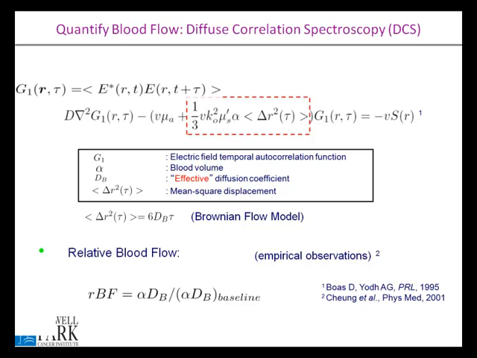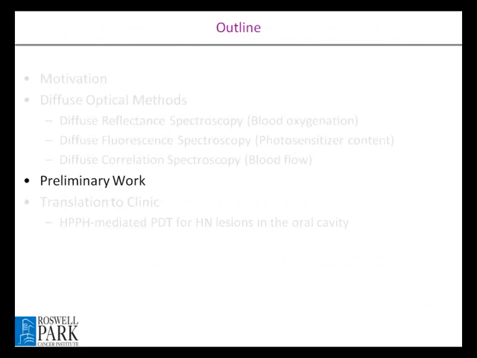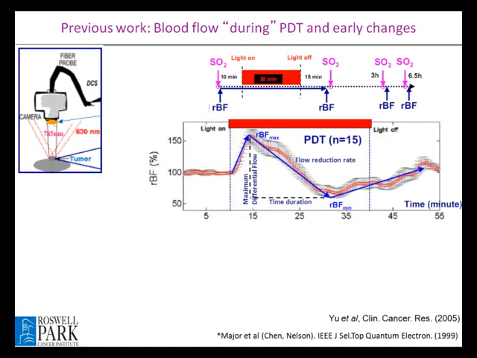This is an empirical observation; they found that the data fit much better with this assumption. We define the blood flow as alpha dB. Alpha is the blood volume fraction, which you can calculate from diffuse reflectance spectroscopy, and dB is the effective diffusion coefficient.